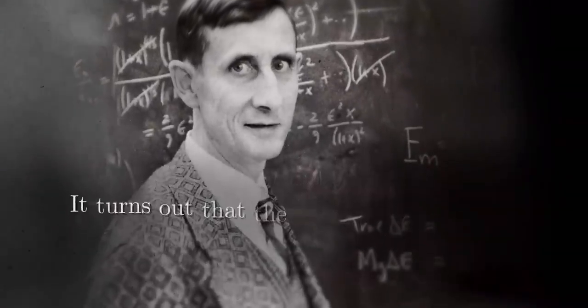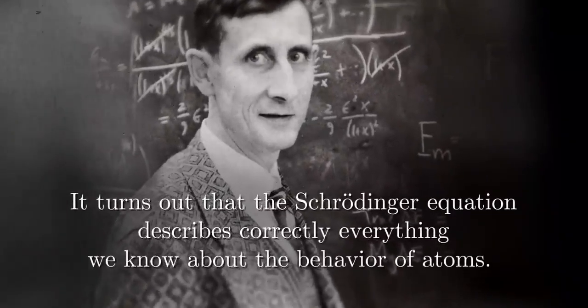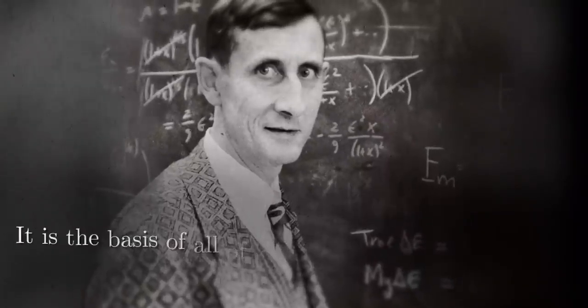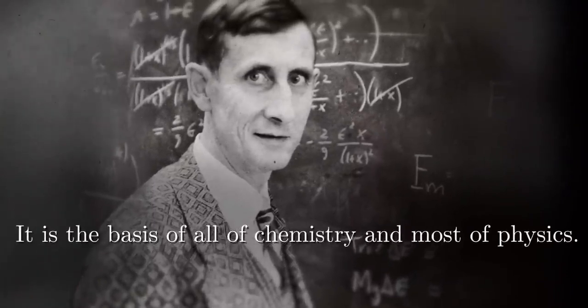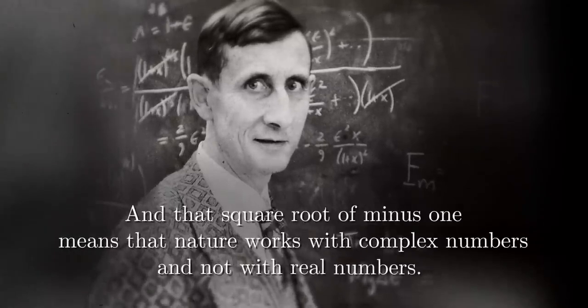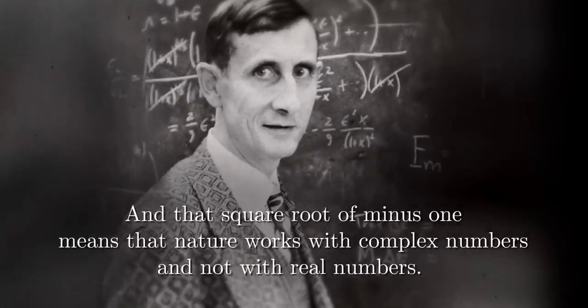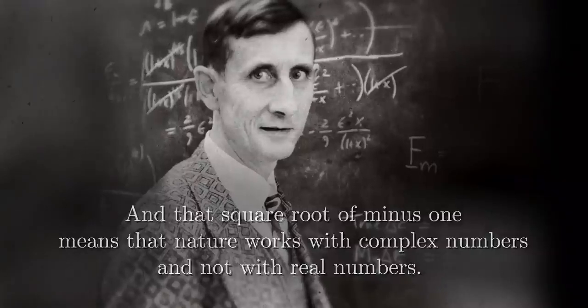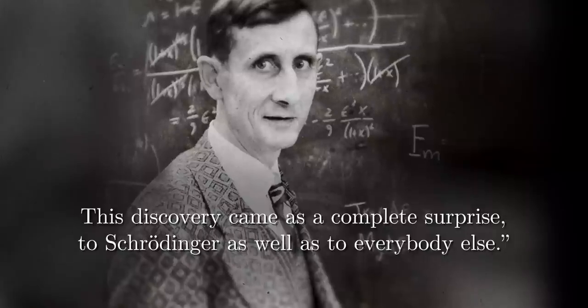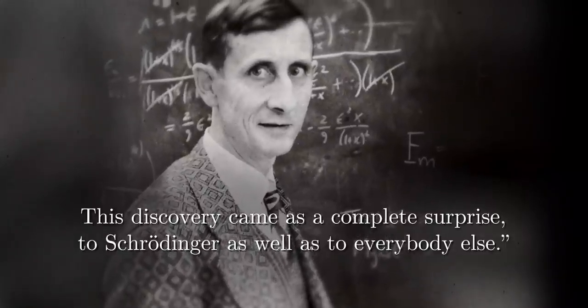"It turns out that the Schrödinger equation describes correctly everything we know about the behavior of atoms. It is the basis of all of chemistry and most of physics. And that square root of -1 means that nature works with complex numbers and not with real numbers. This discovery came as a complete surprise to Schrödinger as well as to everybody else."